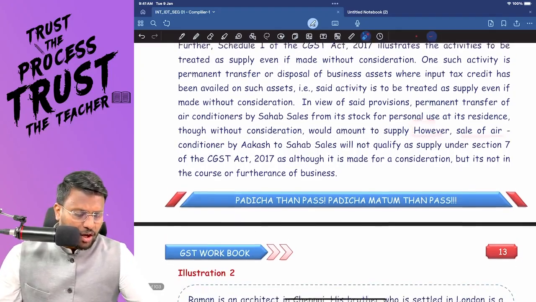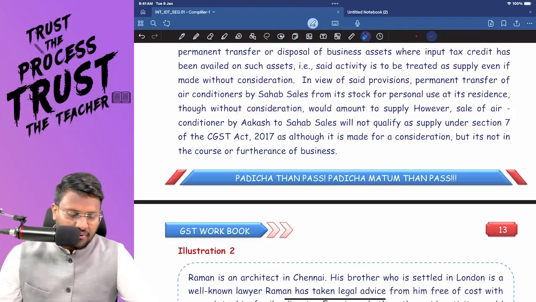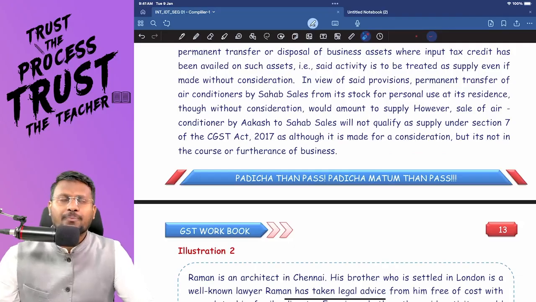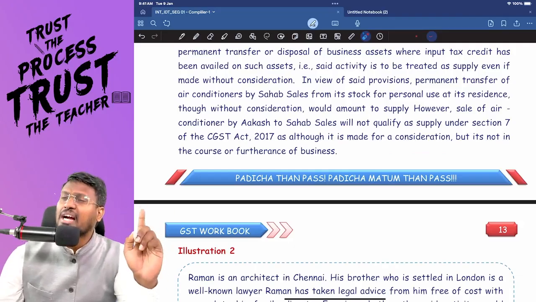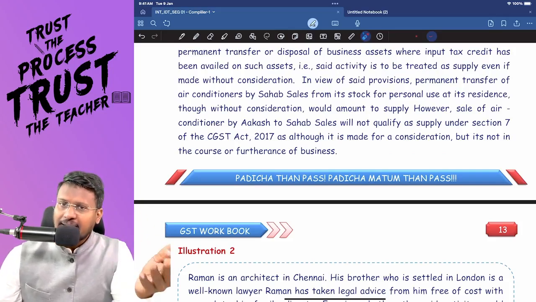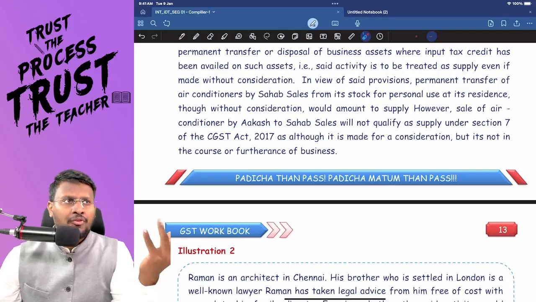However, sale of AC by Akash will not qualify as supply under section 7 of the CGST Act, as although it is made for a consideration, it is not in the course or furtherance of business. Akash is not an AC dealer. Only Sahab Sales is an AC dealer. So for Akash, it is not in the course or furtherance of business.